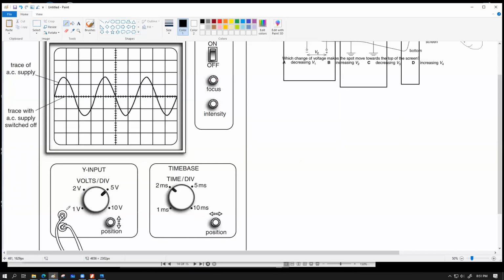Can you guess why the math works? I'll tell you. The reason the math works is because a 1.5 volt cell with 0.5 volt per division causes the beam to rise earlier.